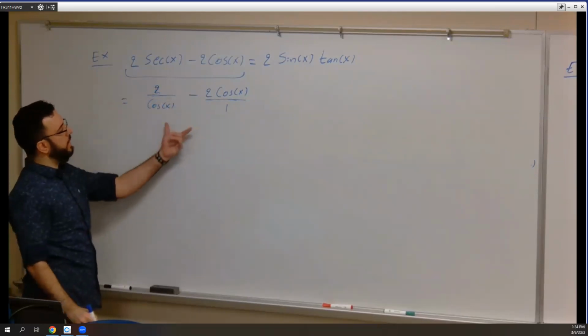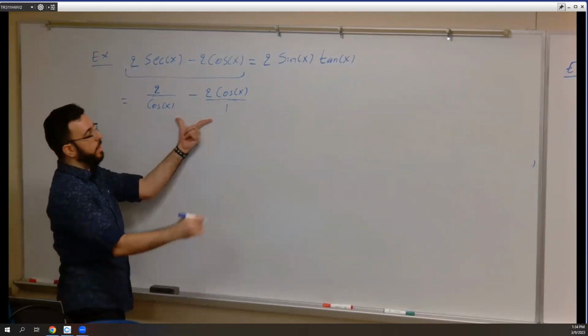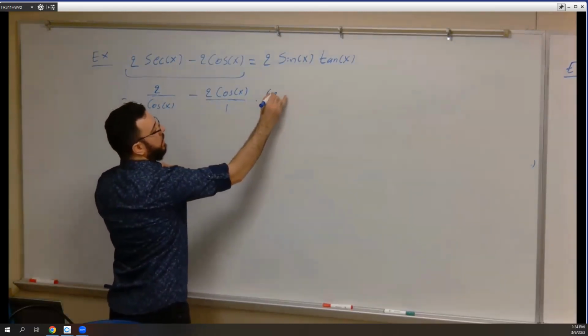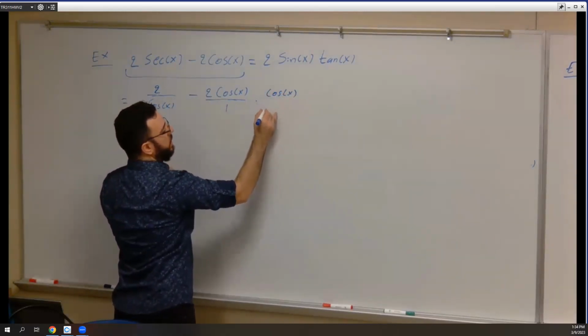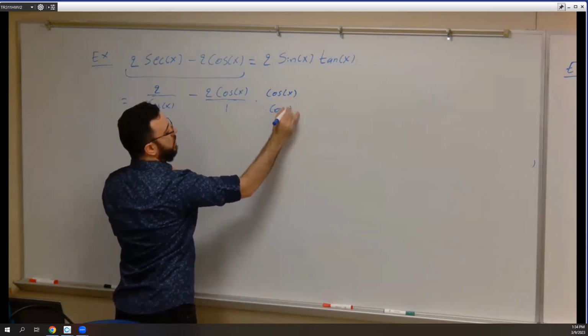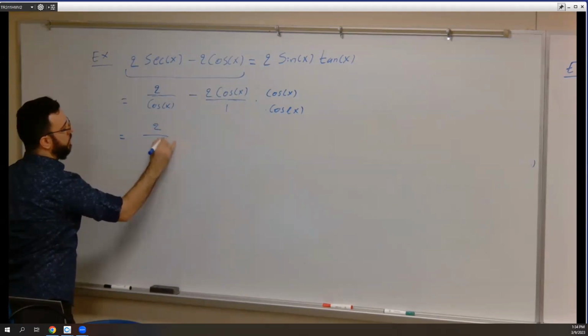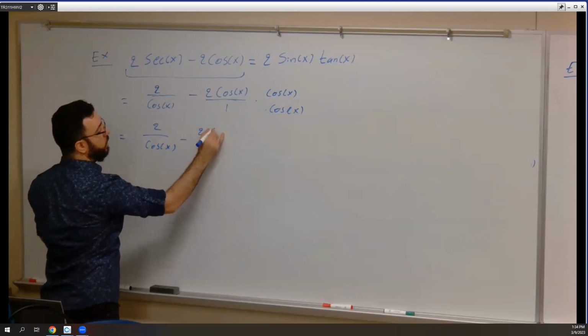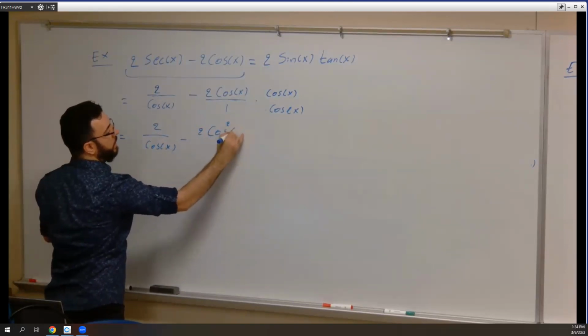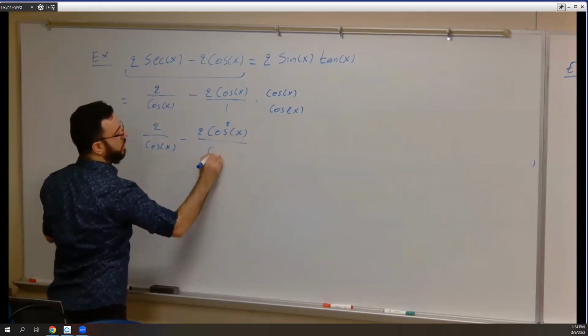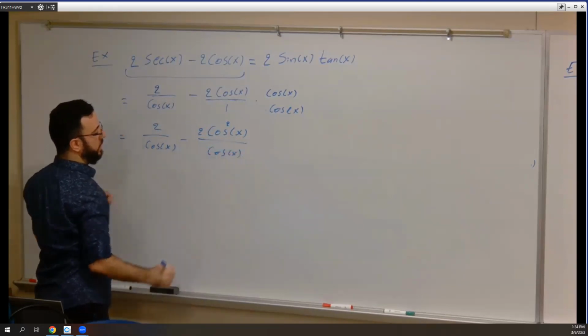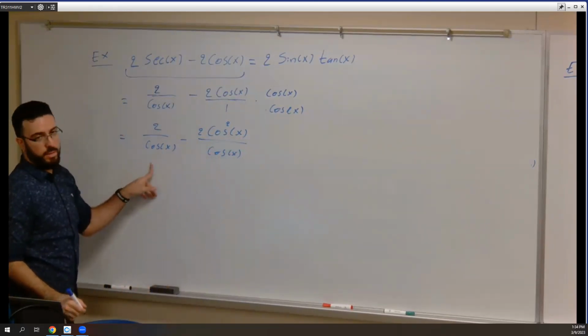Now tell me, I need to get this common denominator. What am I going to do here? Cosine x. I multiply this one by cosine x. That means it's going to be 2 over cosine x minus 2 cosine square x over cosine x. Now, do I have the same denominator?